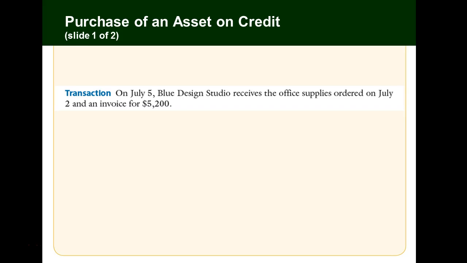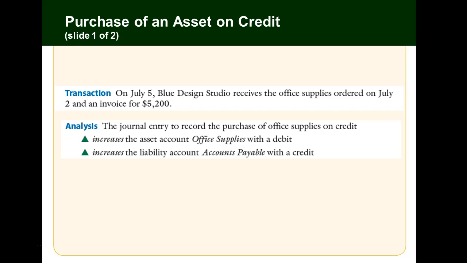What would be the classification here, guys? Supplies get increased, right? And a liability also gets increased. Why? We owe the money, don't we? Perfect, guys. So an increase in assets of office supplies and an increase in a liability of accounts payable.